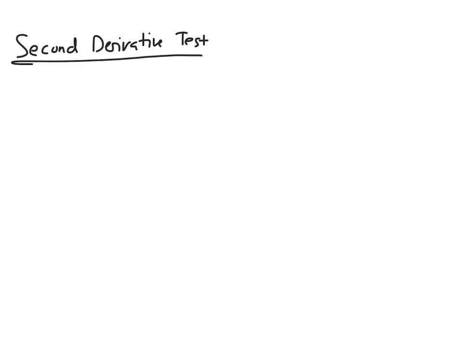So we need something like the first or second derivative test for extrema for single variable functions to help us classify our critical points. And so luckily we do have such a thing, and we call it the second derivative test. What we need to do for this test, we do need to assume that the second order partials are continuous.